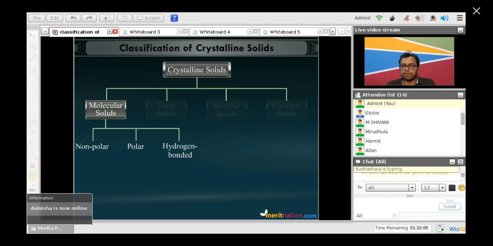So if you are cooling the liquid slowly, then you obtain the crystalline solid, and if you are cooling the same liquid suddenly, then you obtain the amorphous solid, right? So by looking at the formula, you can't say whether the solid is amorphous or crystalline. Is it clear, Parul?